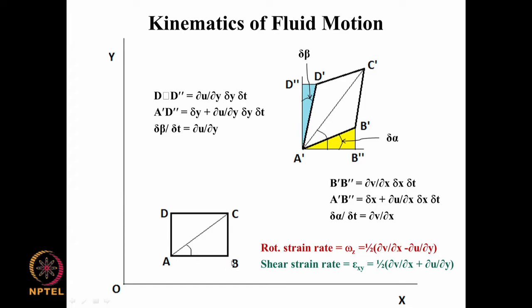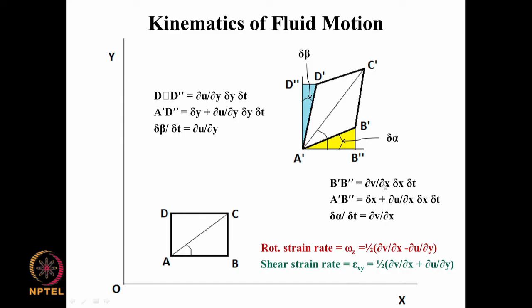Dou V by dou x indicates how much the vertical velocity has changed as you move from A to B in the x direction. This is the rate of change of V with respect to x, and the expanse of AB, that distance, is delta x.